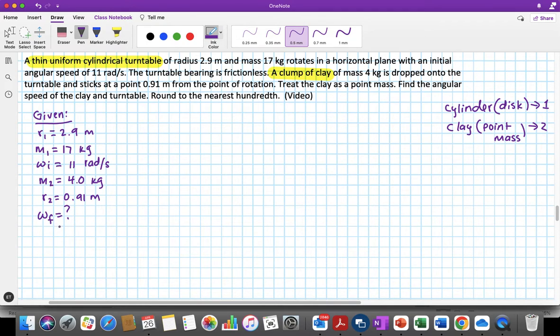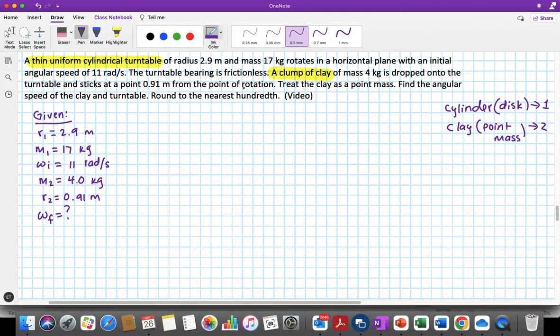Okay, as I said, this is a problem about conservation of angular momentum. So what it says is the angular momentum of the system before will equal the angular momentum after. If you think about what's happening, the before is just the turntable rotating. That's it, right? So just the angular momentum of the cylinder.